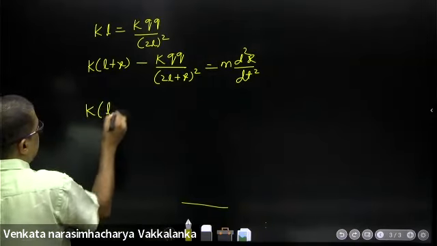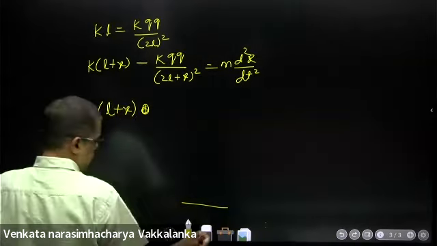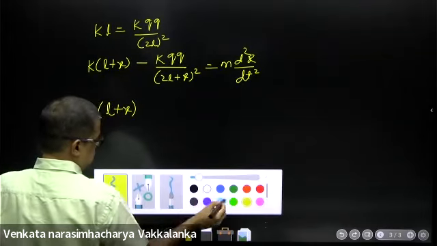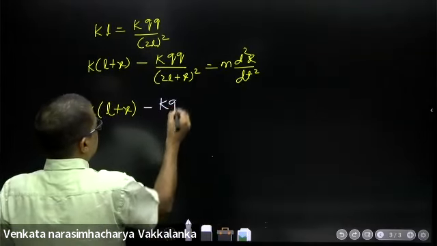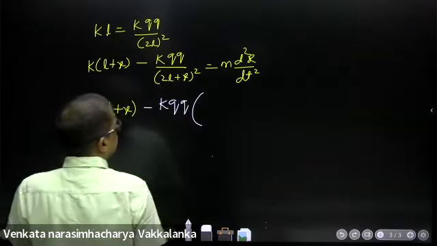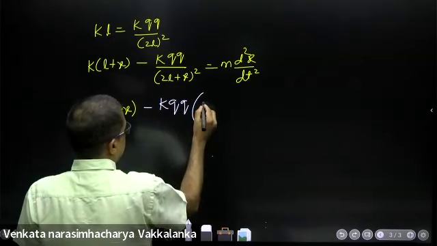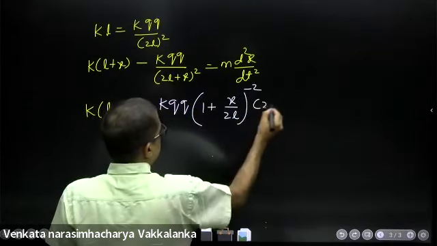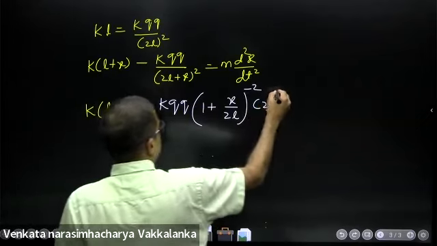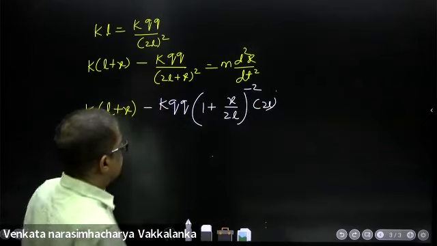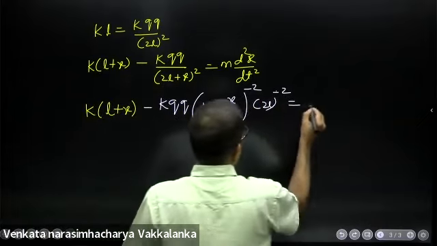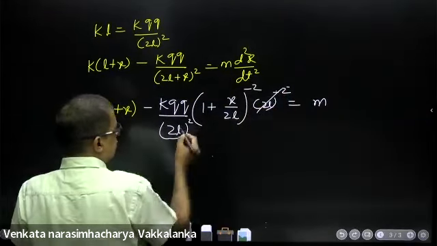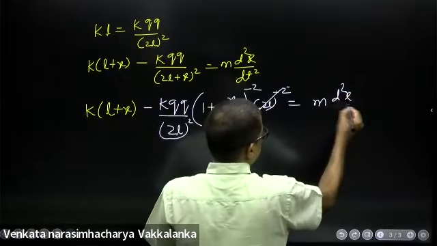Now you know this is K(L plus x) minus KQQ into use binomial expansion: 1 plus x by 2L whole to the power minus 2, and I bring the 2L whole square here, equal to mass into d2x by dt square.